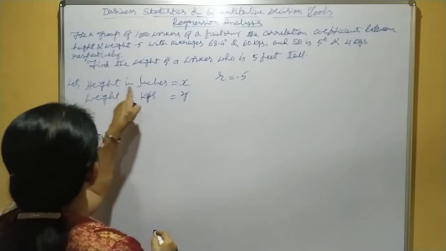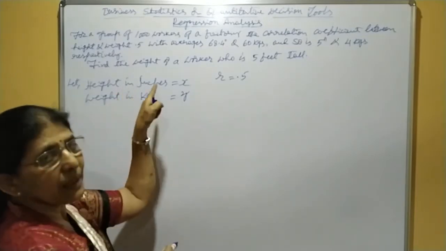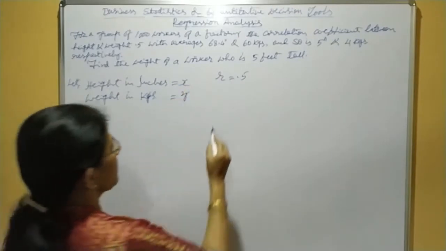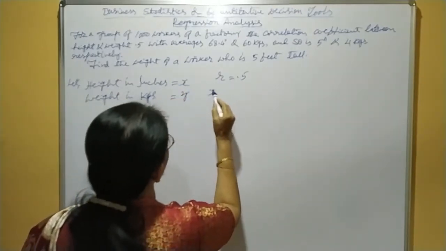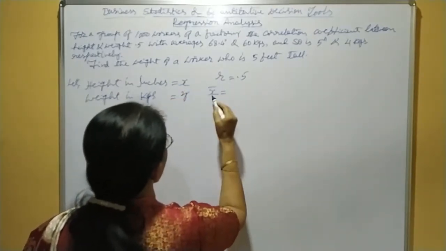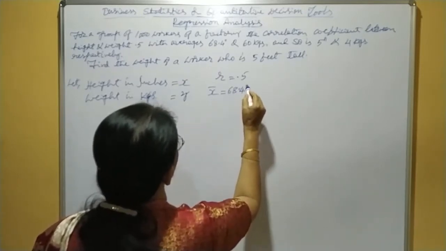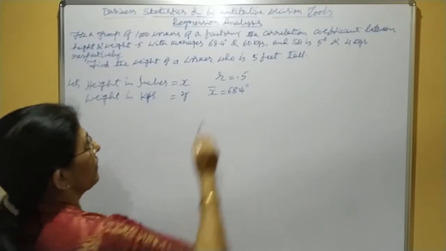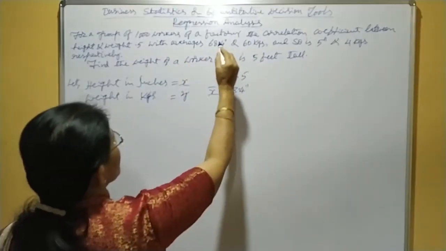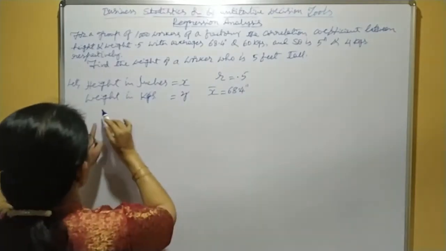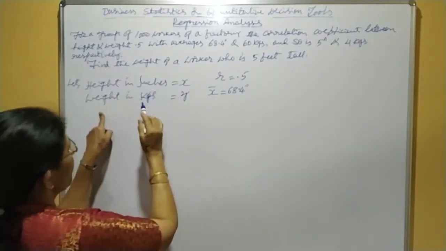68.4 inches refers to the variable height. Height in inches is taken as x. Therefore, average height is nothing but x bar. x bar is 68.4 inches. Then 60 kgs refers to weight.